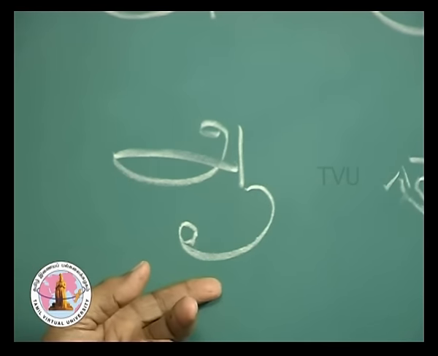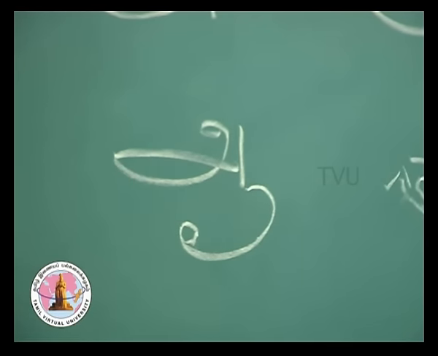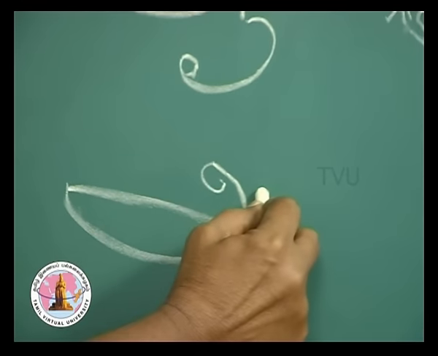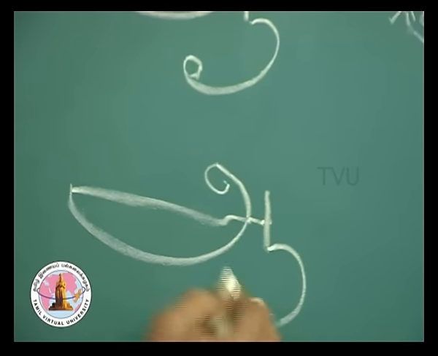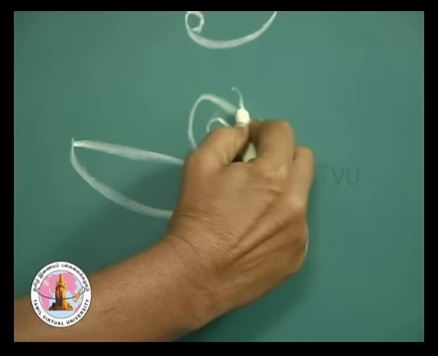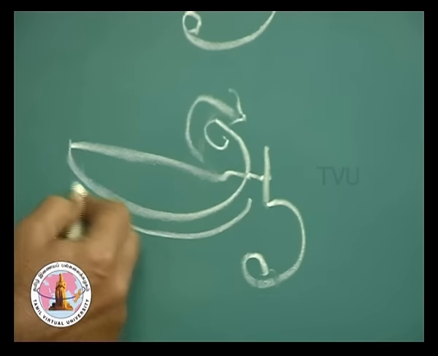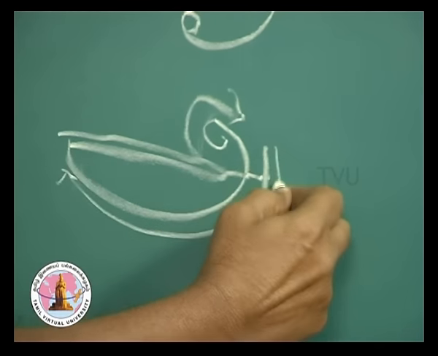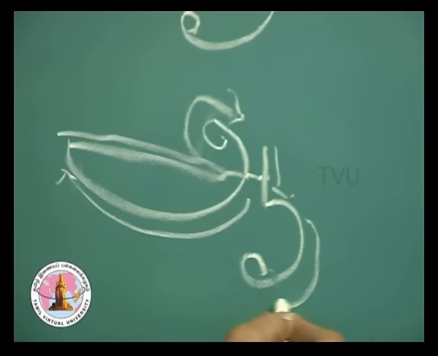So this becomes O. Now let us see how it is being written. The same method as we followed for A, and then extend it with this curve and a circle.